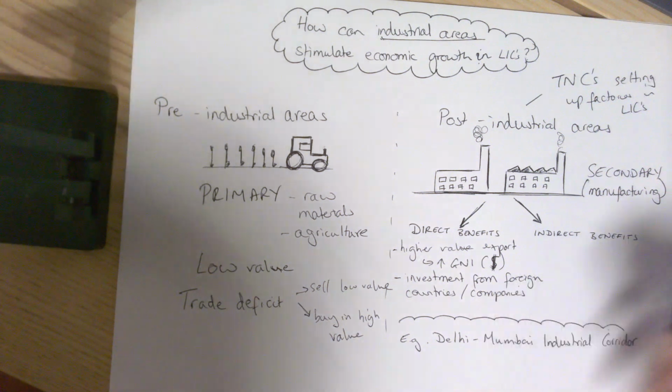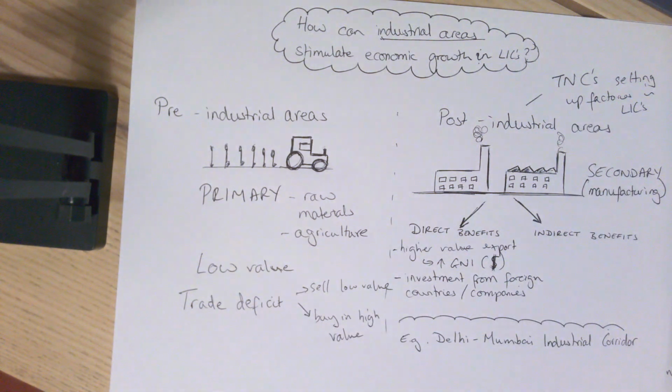Okay. Yes, these companies are going to want to locate there, but they know they're going to have to invest in that country to improve it. They're going to have to invest in things such as improving its infrastructure, providing training to the staff so that the staff working in the factories know what they're going to do. There's going to be a huge amount of money being poured into these countries.